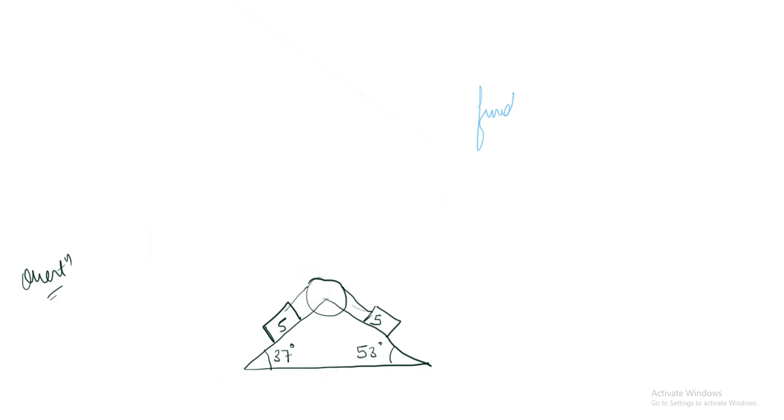Find acceleration and tension without using pen and paper. So here it will be 50 sine 53. Here it will be 50 sine 37. As the angle decreases, the sine value decreases, so this one will be bigger than this.